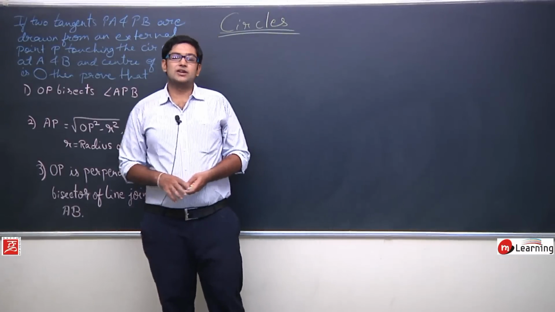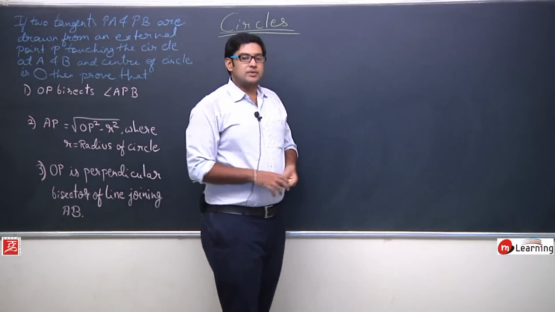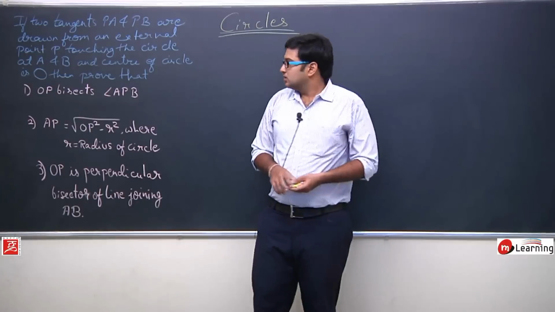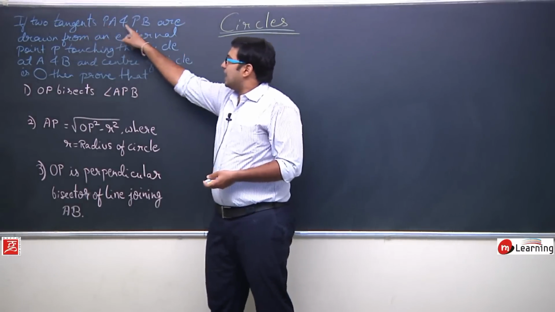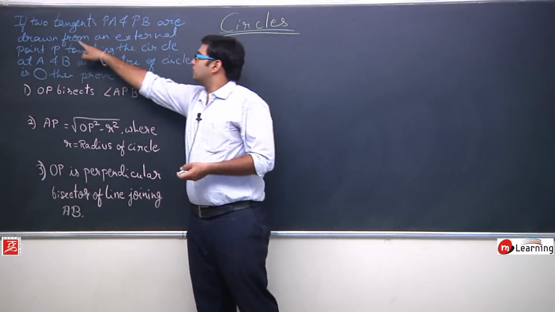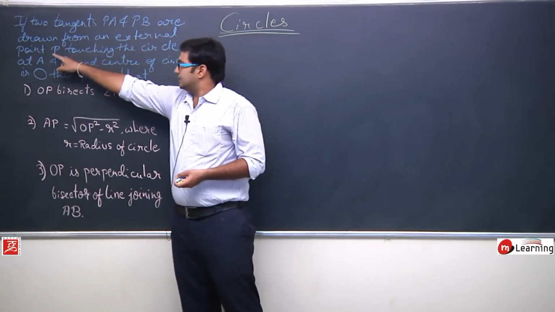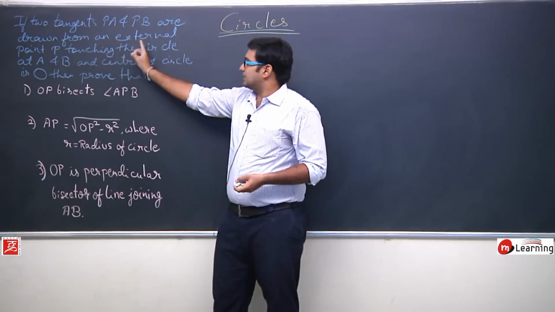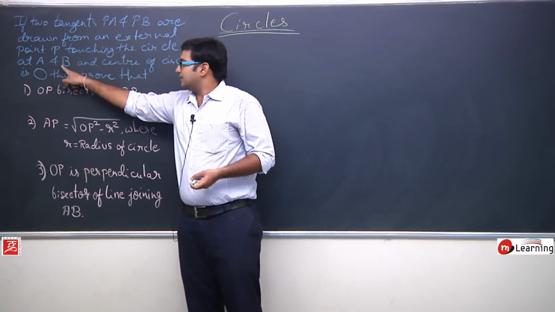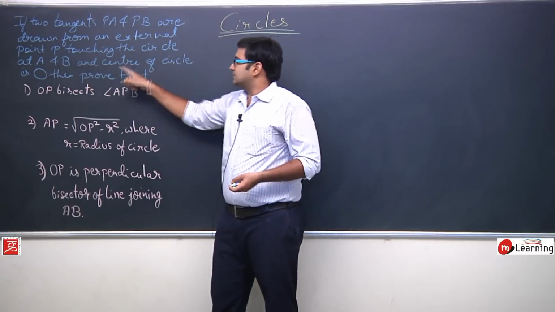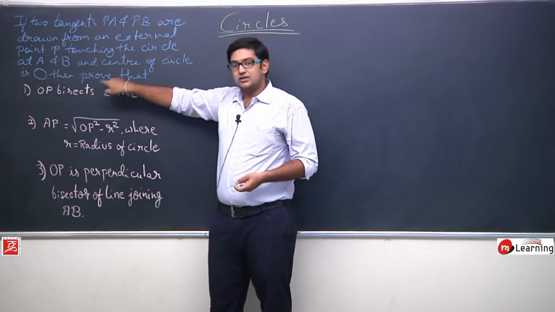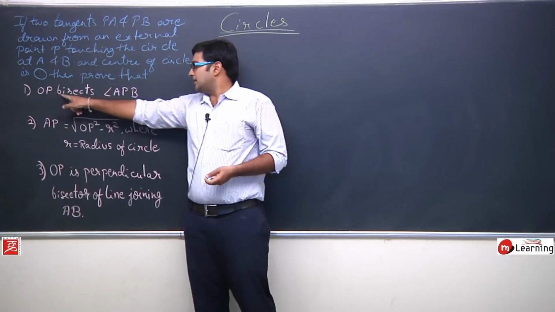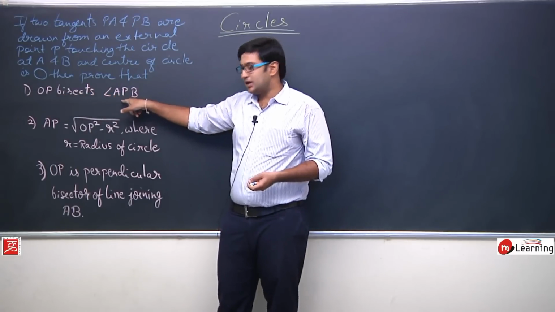Okay, so now let us solve a question based on this second theorem. The question is, if two tangents PA and PB are drawn from an external point P touching the circle at A and B, and the center of the circle is O, then prove that first, OP bisects angle APB.